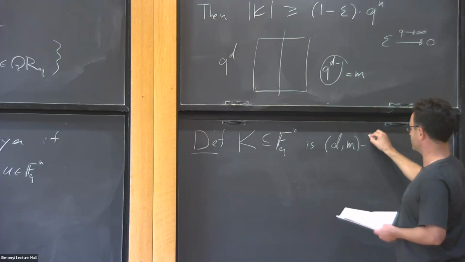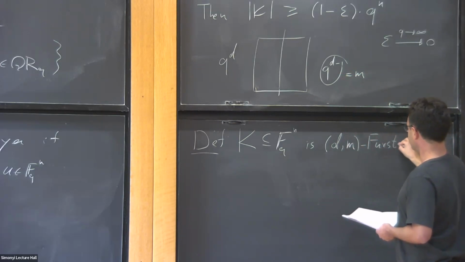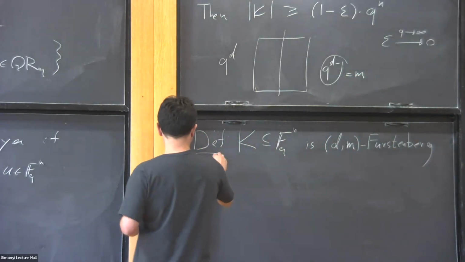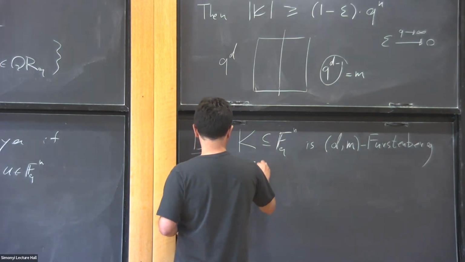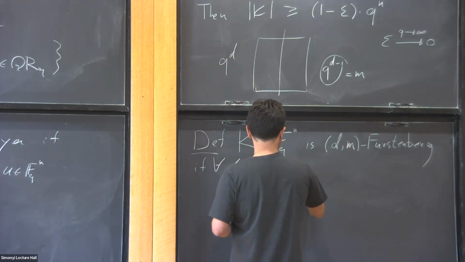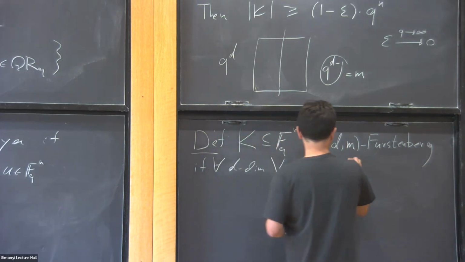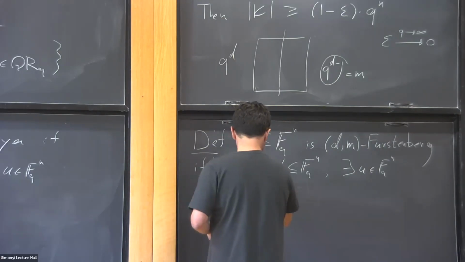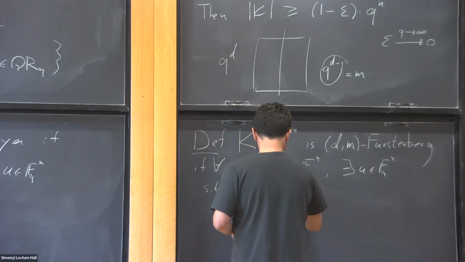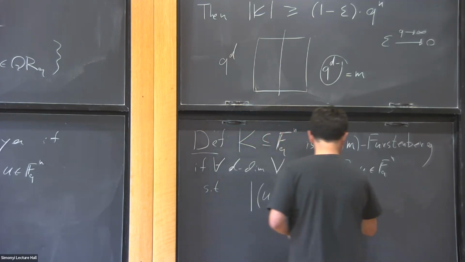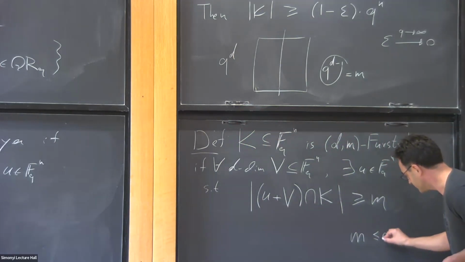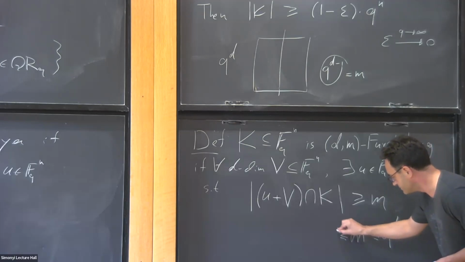So a (D, M) Furstenberg set: for every d-dimensional subspace V, there exists a shift U such that the size of the intersection of U plus V with your set is at least M. M is some number between Q to the D and 1.